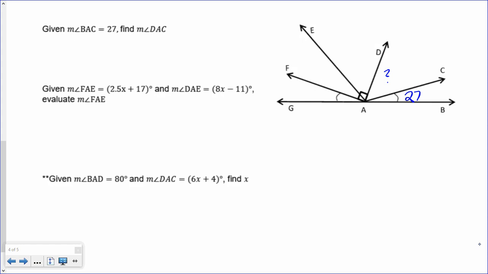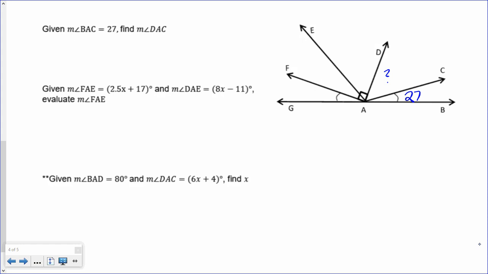A 90. See how none of the directions here say that FAD is 90? You need to know that that's given to you in the little box in the corner. So how am I supposed to find angle DAC? Any ideas? Sometimes it's not clear until you put a little bit more information into the picture.